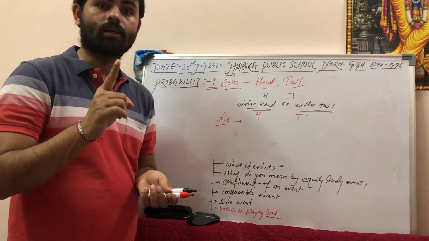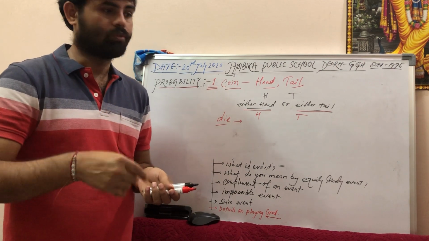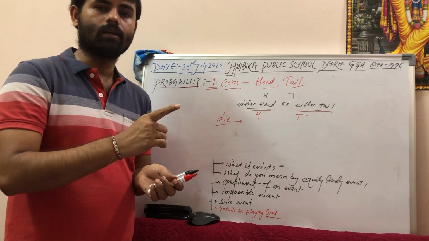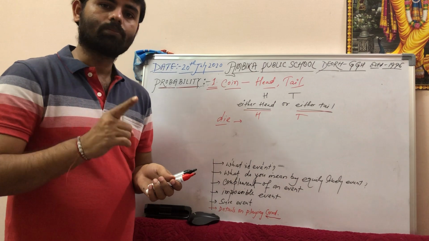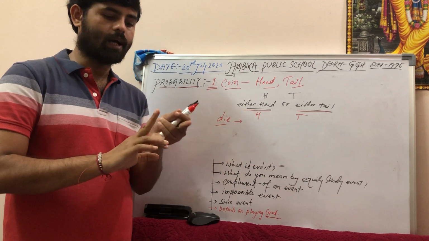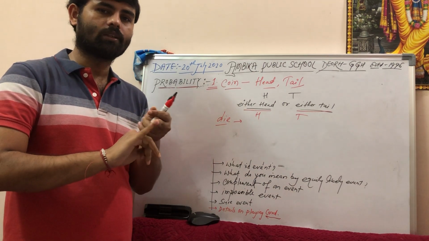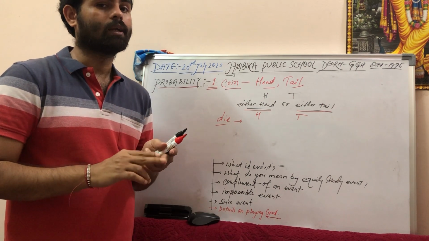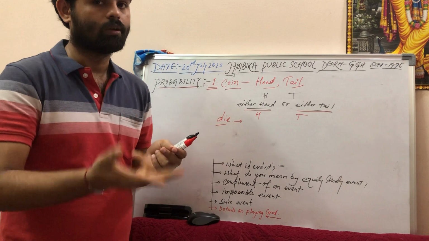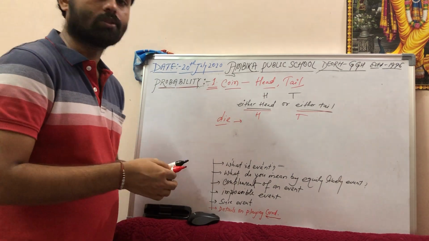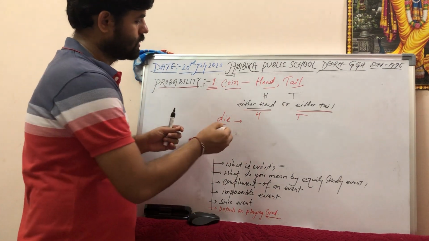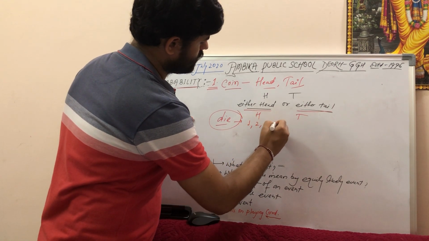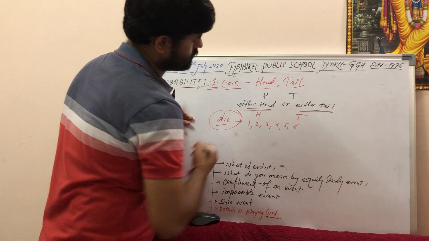You are throwing a single die. Don't say I am throwing a double die; if you throw 2 dice, then it is possible. But with a single die, either 6 will come, or 5, or 4, or 3, or 2, or 1. It is not that 6 and 3 will come at once.